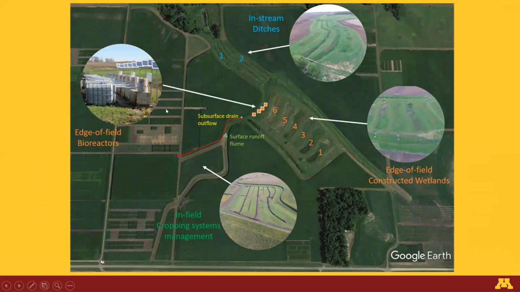It involves edge of field bioreactors, and it involves some in-field cropping systems management, also on some drained land. Now, the area that we're looking at where these practices are all integrated together in one landscape on our farm, basically treat about 300 acres worth of the drainage and surface runoff water that we have coming from that part of the research center.